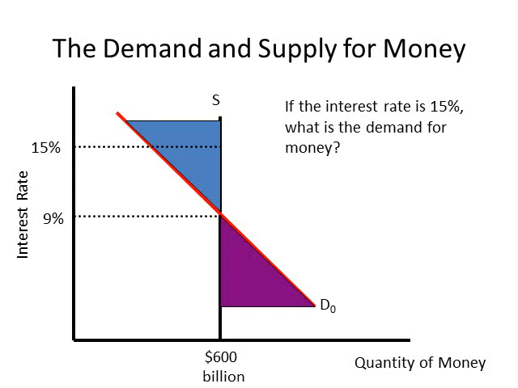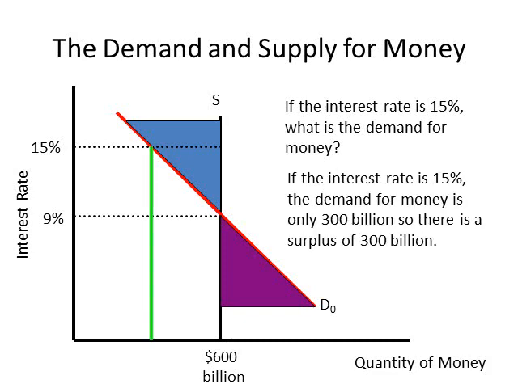For example, if our interest rate is 15%, then we need to draw a line from the point where the 15% interest rate crosses the demand curve to the quantity of money axis. In this example, the place where the 15% rate crosses the demand curve is at $3 billion.